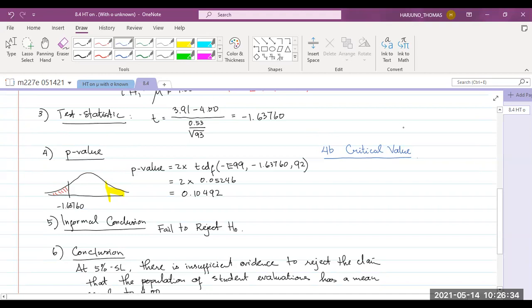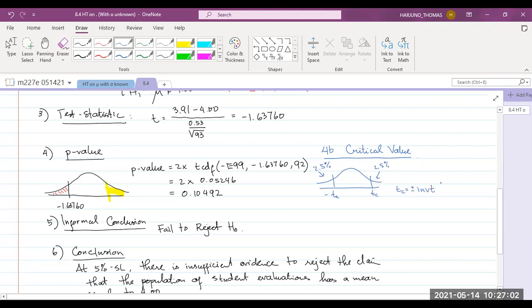That's another reason I switched to the p-value, because we can use the calculator. But it's a two-tail test, each tail 2.5%. We have two critical values that are opposite to each other.